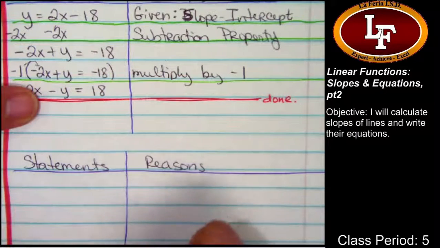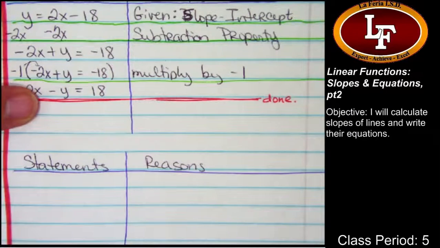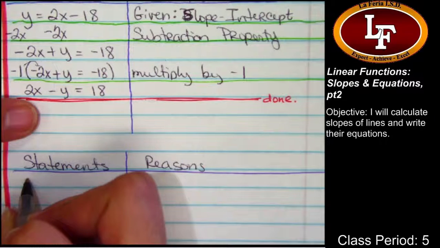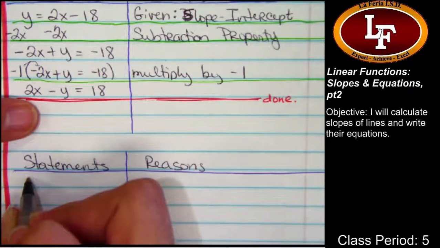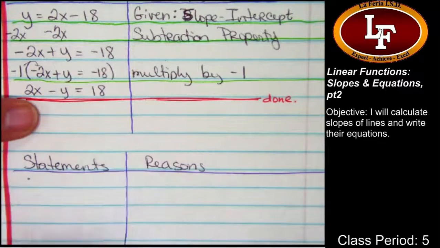Someone who has their notes from yesterday, can you please read the slope-intercept form of the line that we left off with? That is the slope-intercept form of the line, yes, and I wasn't specific, so thank you. I'm looking for the equation that we generated in slope-intercept form, y equals mx plus b.